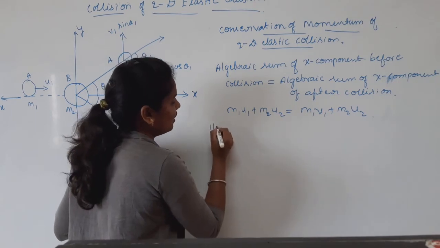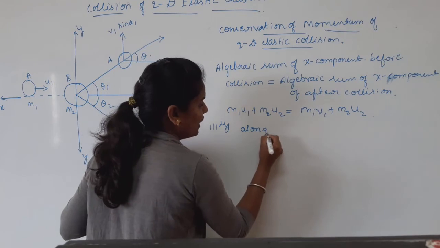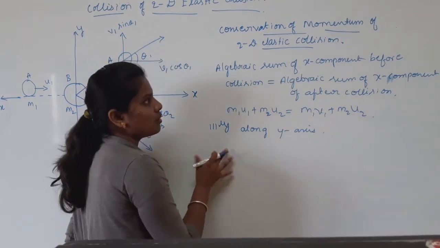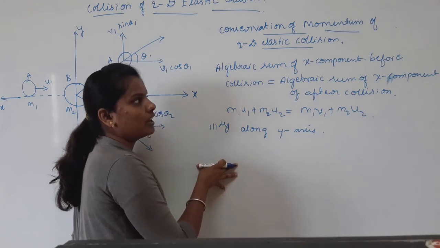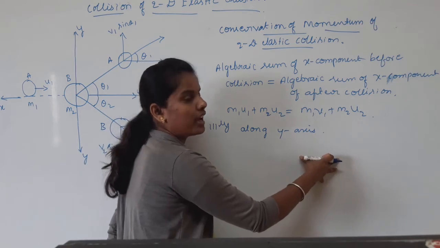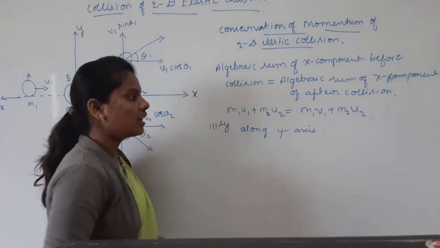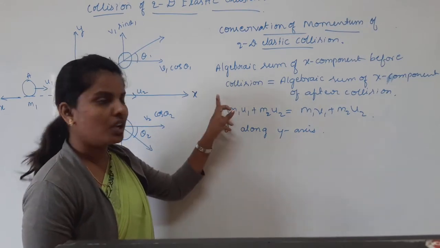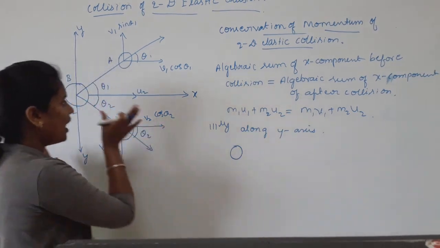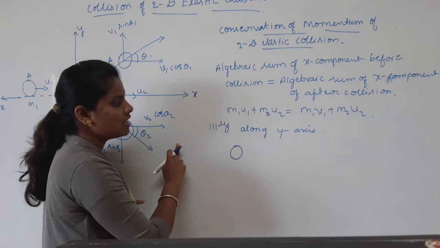Similarly, along the y-axis, the algebraic sum of the y component before collision is equal to the algebraic sum of the y component after collision. In the y-axis, before collision it is 0, because before collision the bodies move along the x-axis.